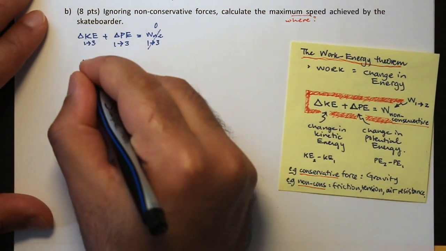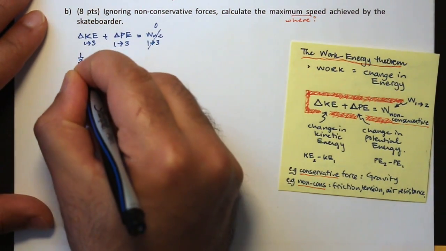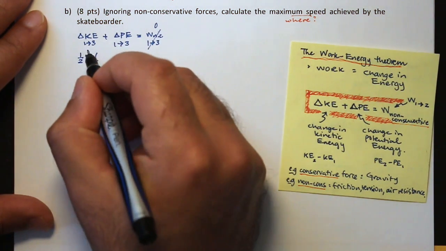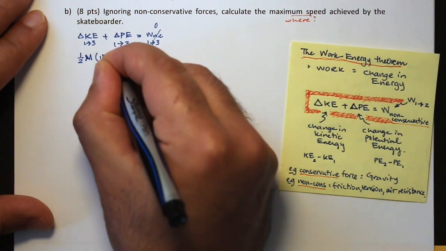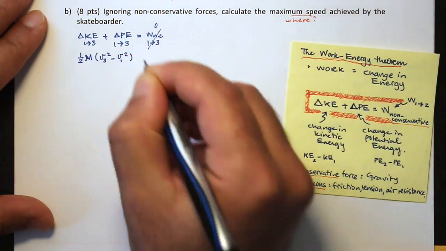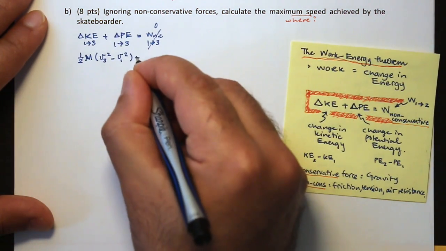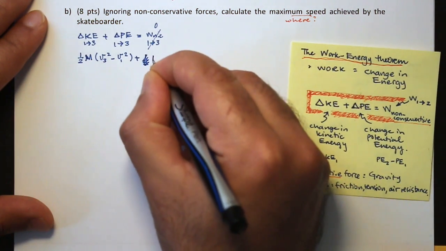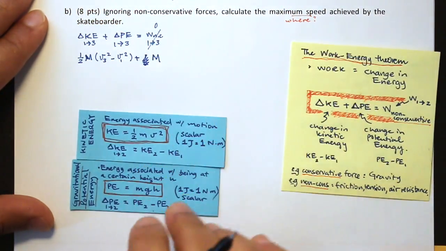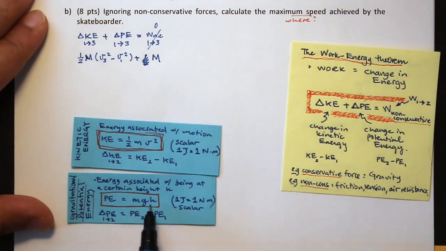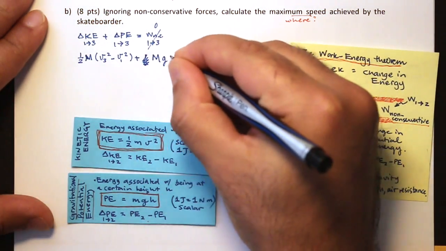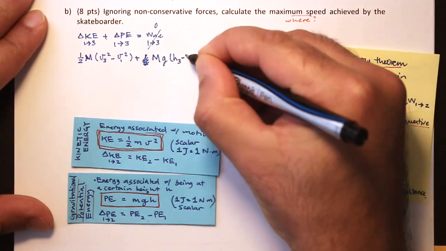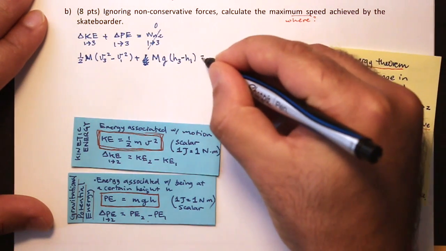The change in kinetic energy, like we've noticed before, is half m, then because I'm going from 1 to 3, it'll be v3 squared minus v1 squared. And the change in potential energy will be, no halves, just to remind myself, potential energy is just mgh, so mg, and then I'm going from 1 to 3, so it's h3 minus h1, and that's equal to 0.